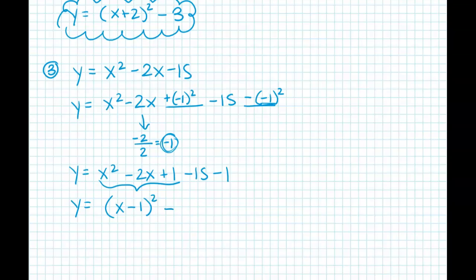Negative 15 minus 1 is negative 16. So there's our function in vertex form. That's what we will use when a equals 1. Again, a is just the coefficient in front of the x squared. You can use it when a has other values, but it's not necessarily that efficient.